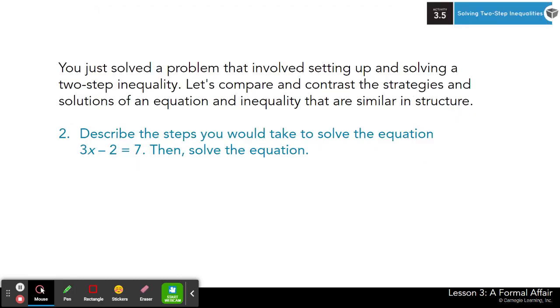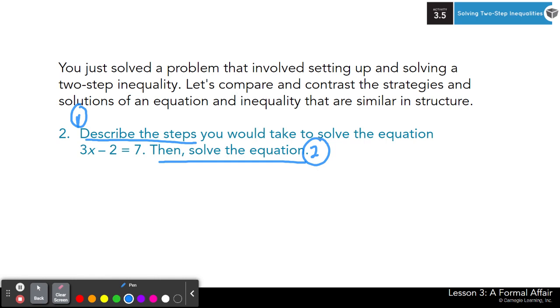Moving on to question 2. You just solved a problem that involves setting up and solving a two-step inequality. Let's compare and contrast the strategies and solutions of an equation and inequality that are similar in structure. Describe the steps you would take to solve the equation 3x minus 2 is equal to 7. Then solve the problem.